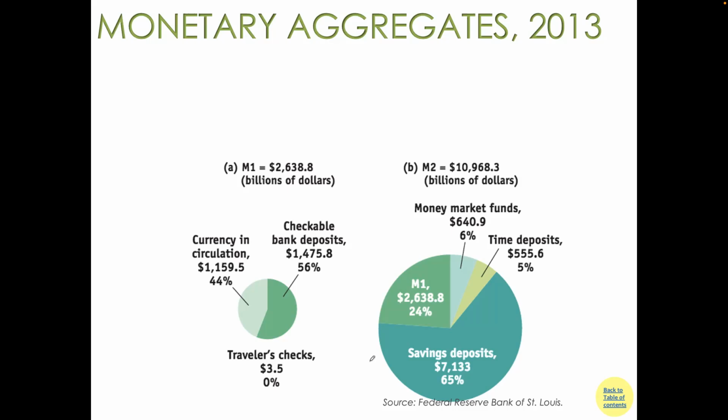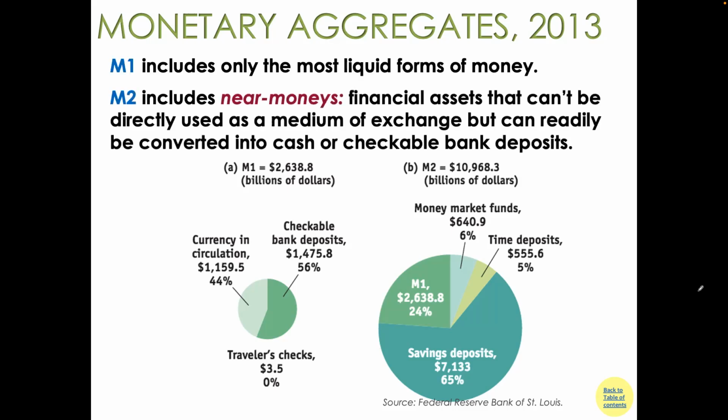This size of the money supply helps the Federal Reserve Bank determine the interest rate. The interest rate, that's the key. Right, so this is the definition of M1 and M2. Those are the things you must pay attention to.